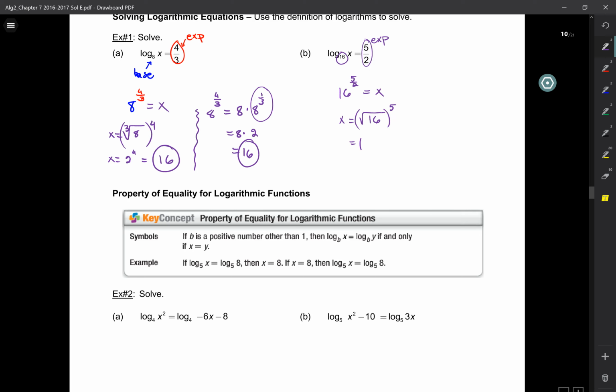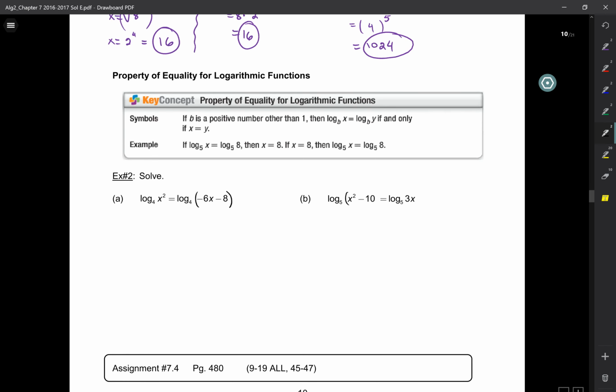So that's 4 to the power of 5, which is how much? I know you've got your calculators on you. 1024. Right. Any questions? So we do have to simplify this.